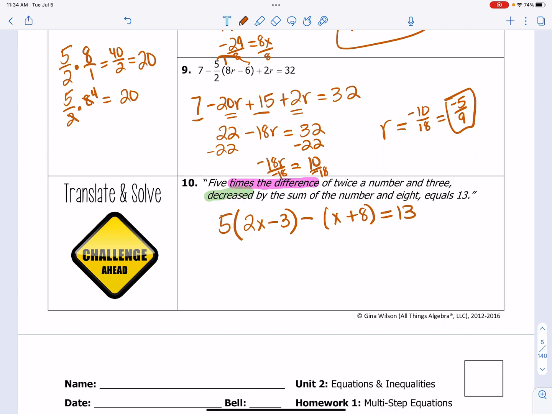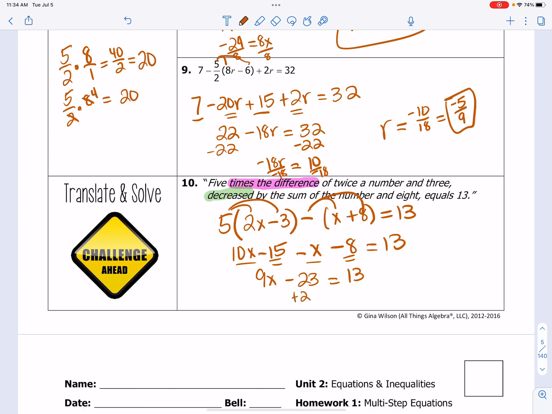So it starts getting into some of this wording that you're going to have to read and be able to do. So here you would get 10x minus 15. Oops. I meant just to put this. Minus x minus 8. Put your like terms together. That's 9x minus 23 equals 13.